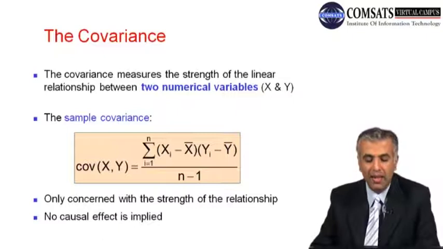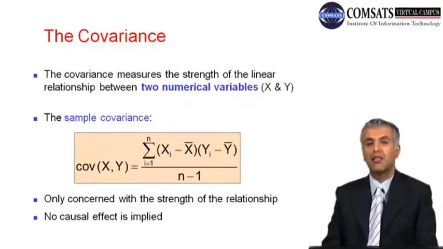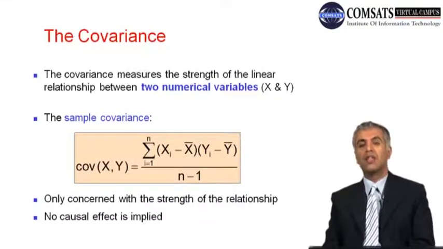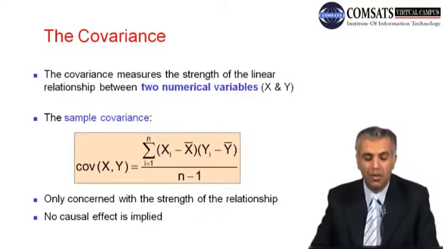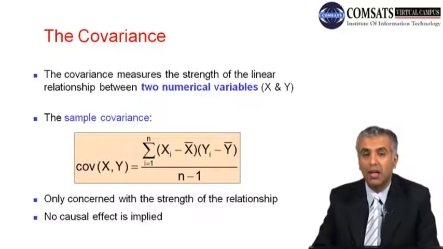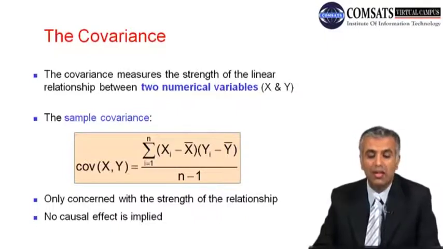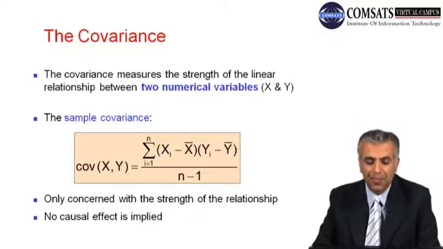So in the covariance formula, it is evident that it gives us just a very vague figure of the intensity of the relationship between the two variables. However, from covariance we cannot deduce which variable is causing the other. So this is one disadvantage of covariance.